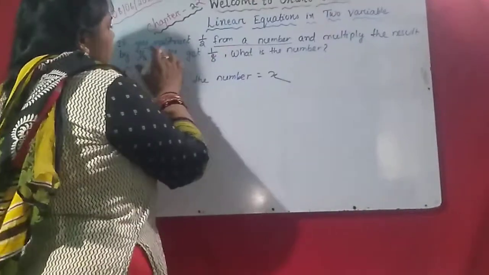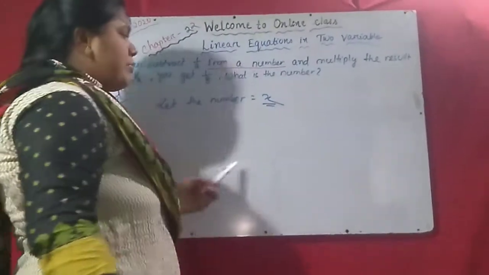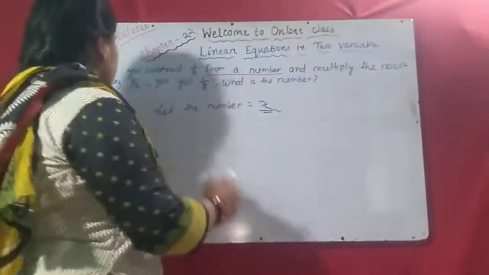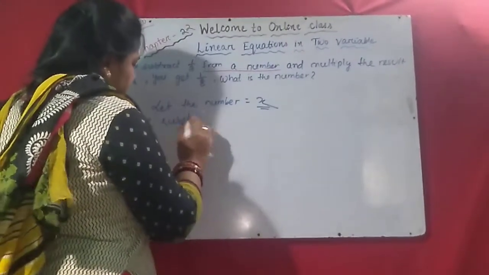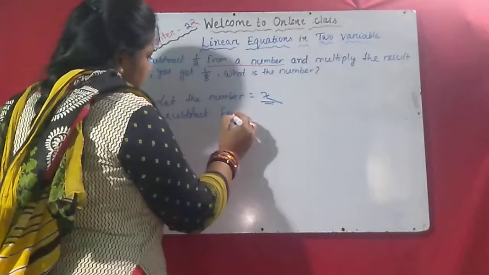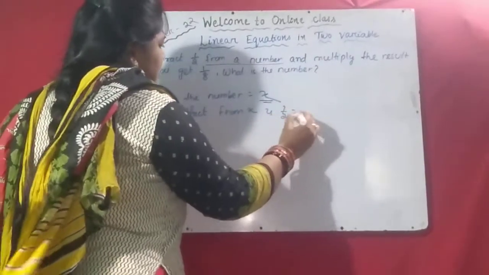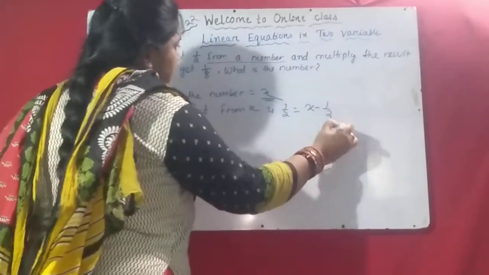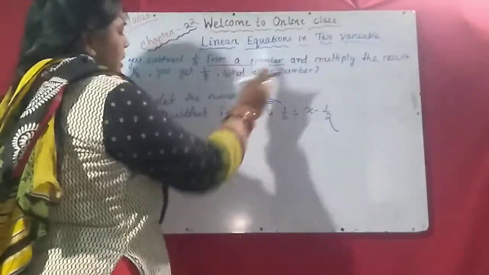So if you subtract half from this number, from x, it means x minus half. So you subtract half from a number: x minus half.